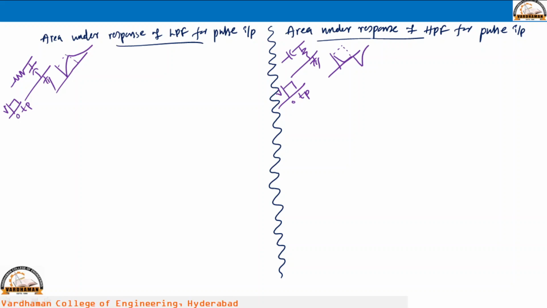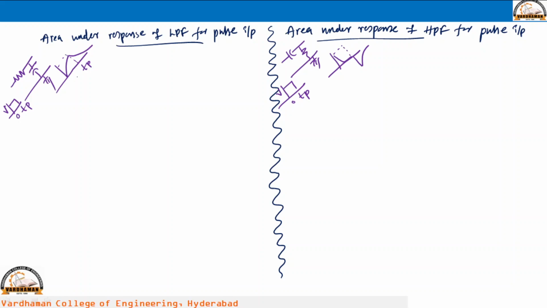Okay. Based upon the time constant, it may reach up to V volts or it may not reach up to V volts. Okay. So, all these things we know. So, for this output we have to calculate the area, okay, which is under this particular curve.